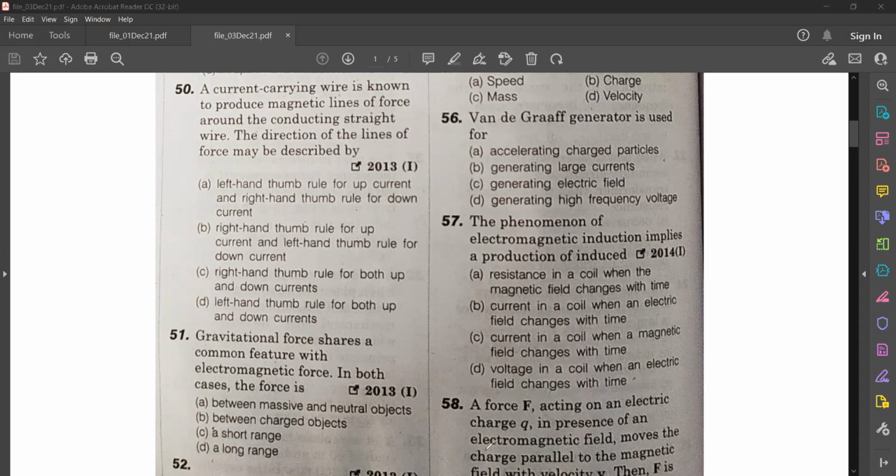So what is the answer? Very easy question. Just you need to know what is electromagnetic induction to answer this question. All of you please comment the answers.